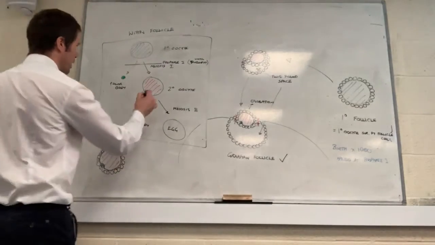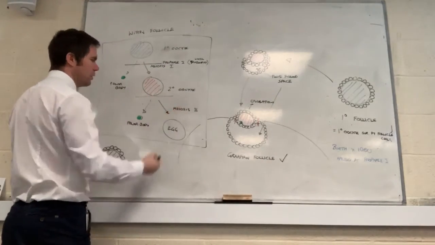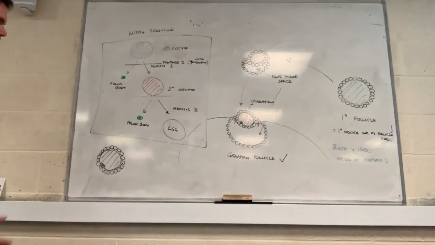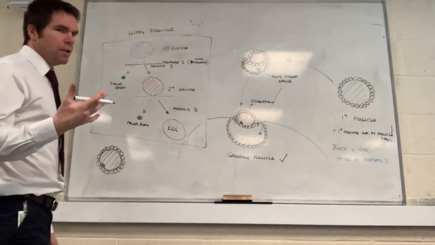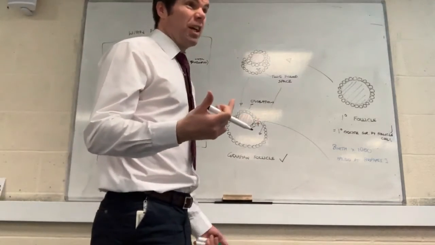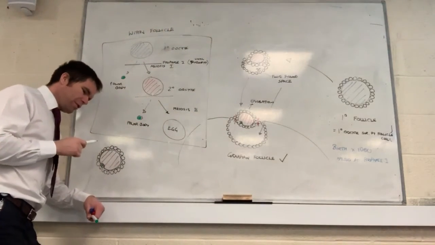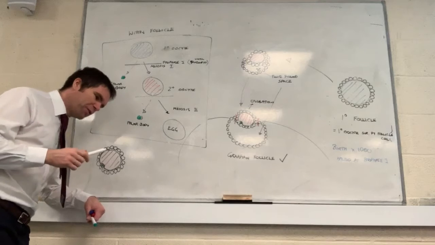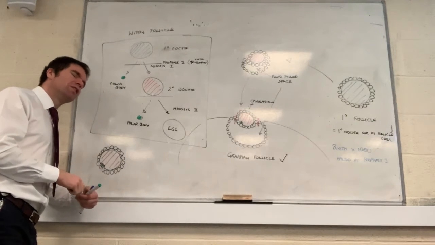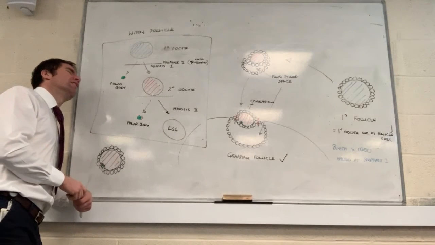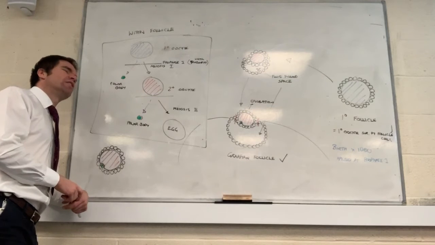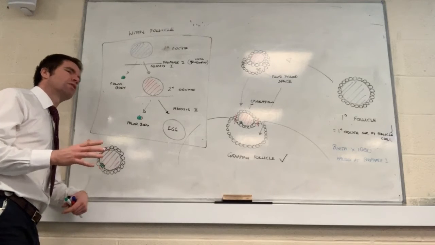So now where we are is here. Okay, well now we need meiosis 2 to take place. The first thing of note is that what we tend to say in common usage is that each month an egg is released from the ovary. Well, that's not right, is it?